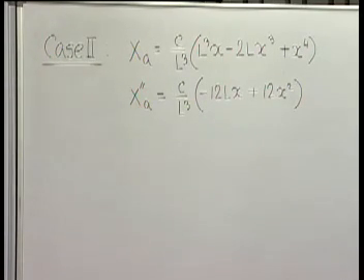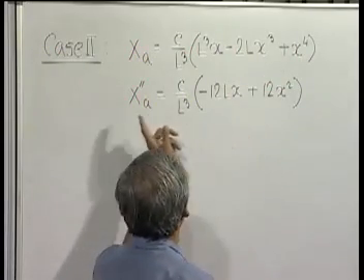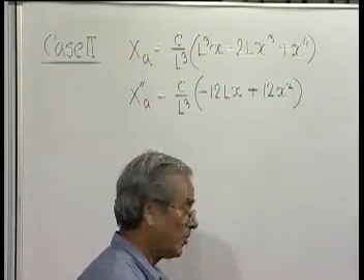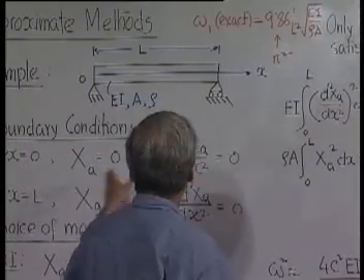So now you see that if we put x equal to 0, XA is 0, and d2XA dx square is also 0. So it satisfies both the conditions at x equal to 0.